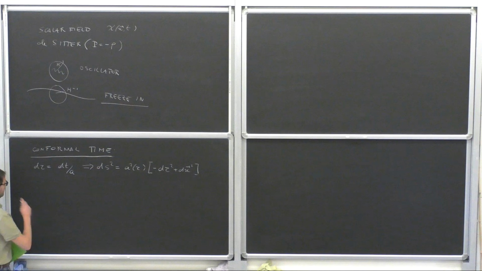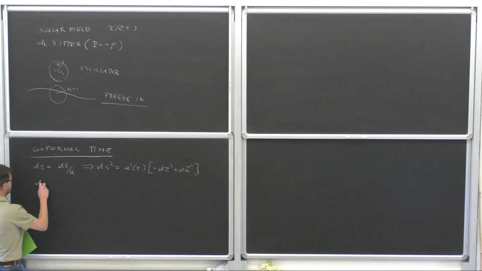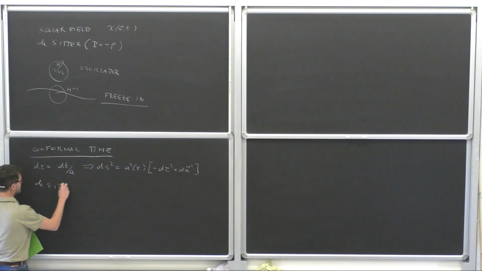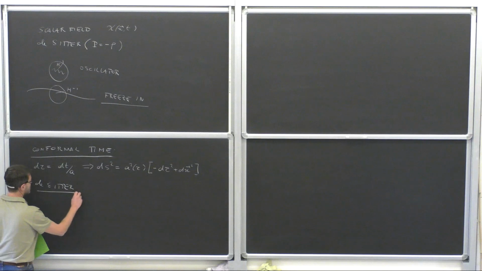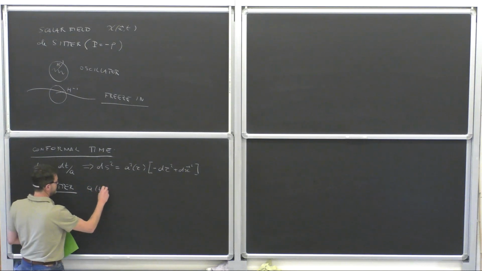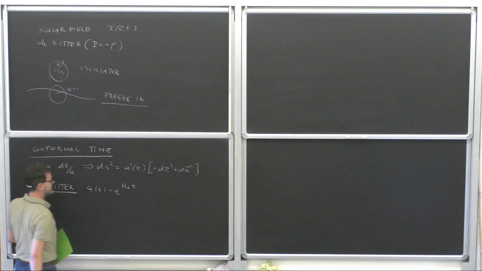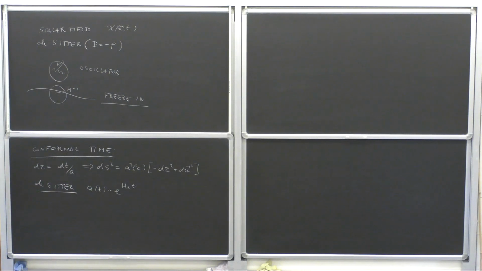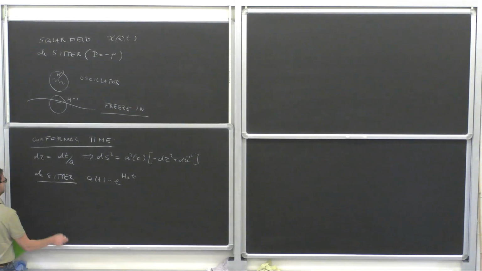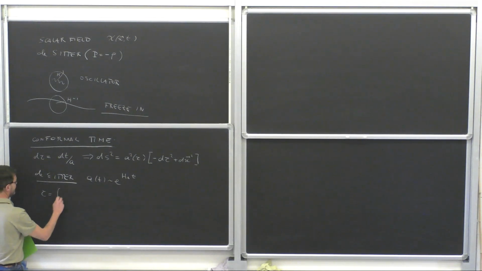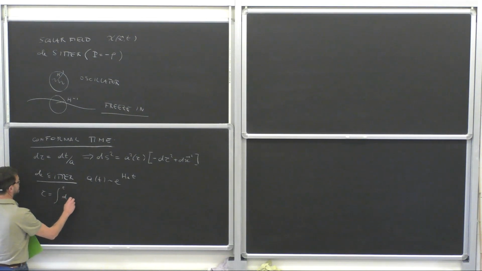Okay? So now what happens during a period of de Sitter? We know that a of t goes like e to the H star times t. So when you solve this, tau is the integral of dt prime over a of t prime.